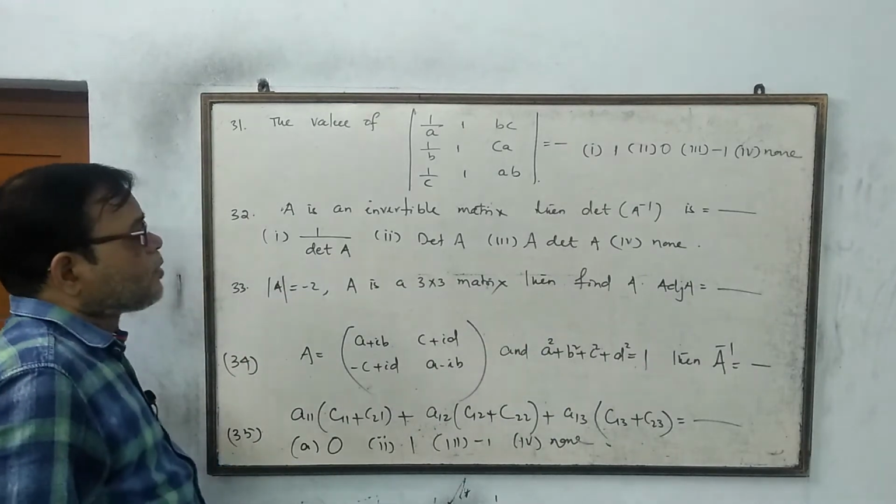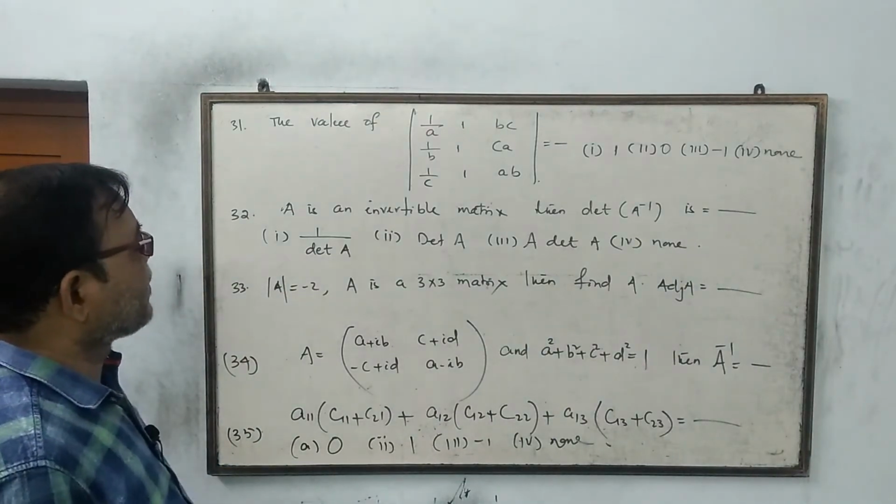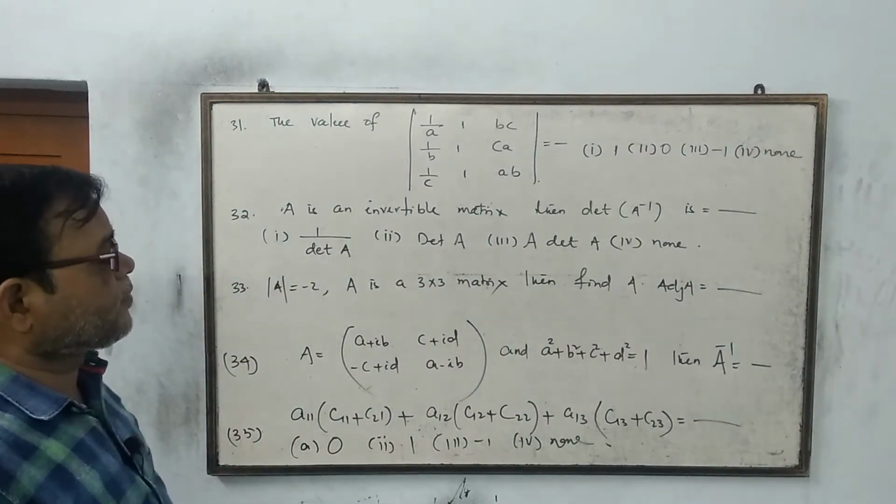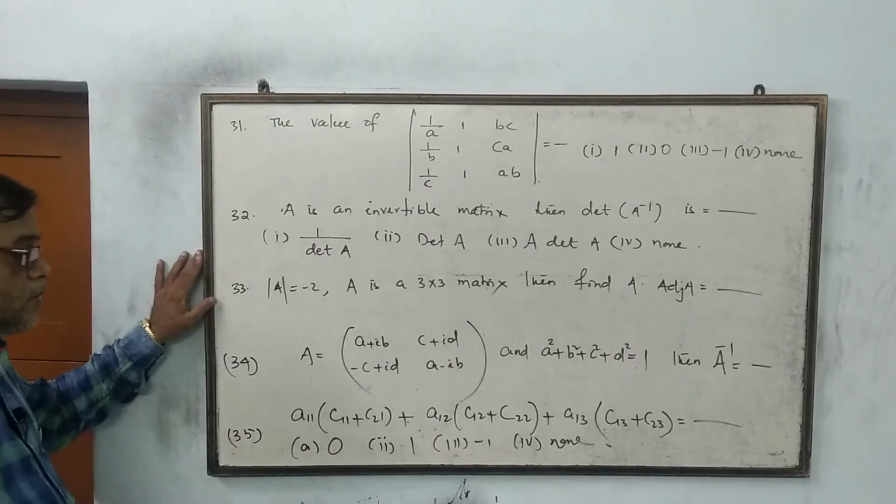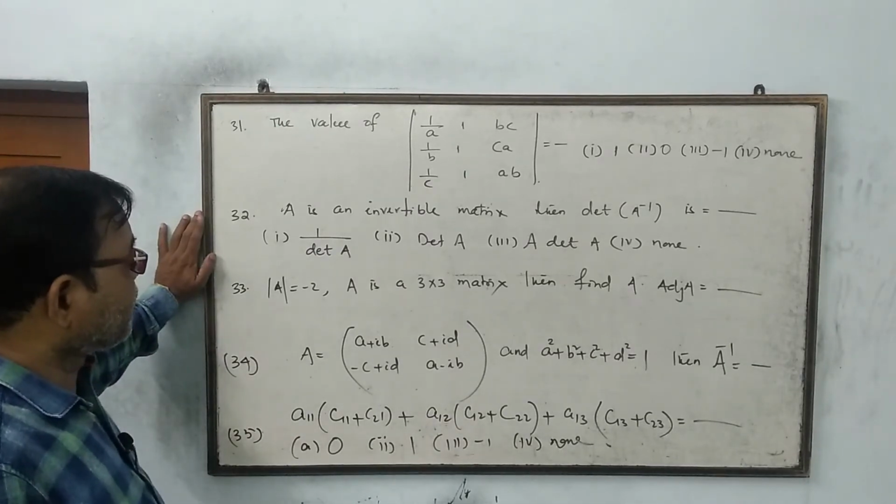A is an invertible matrix, then determinant of A inverse is 1 by determinant of A. Question number 33. Determinant of A equal to minus 2.